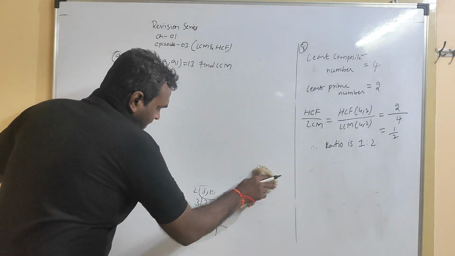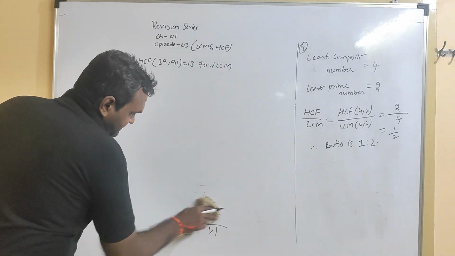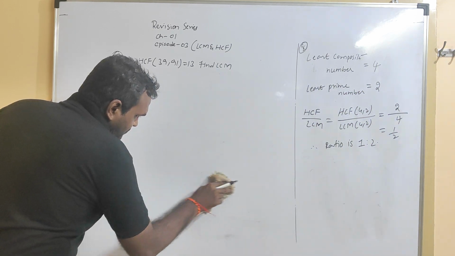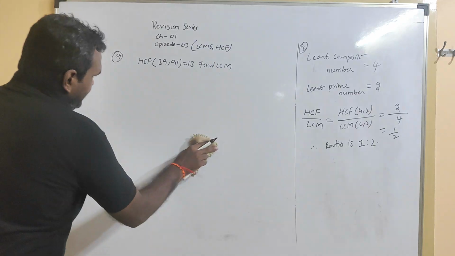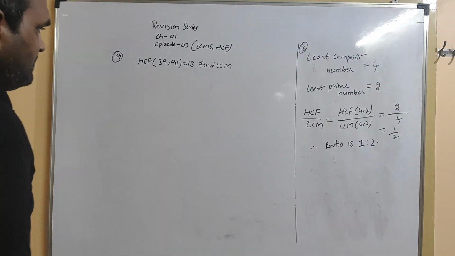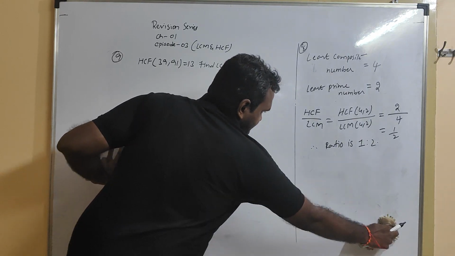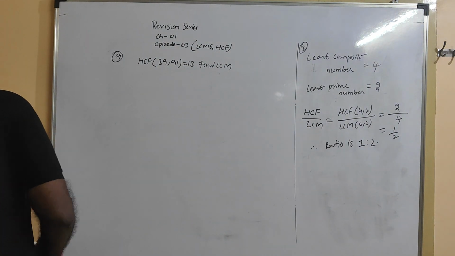HCF and LCM of two numbers. See, the product of two numbers is equal to the HCF of those two numbers multiplied with the LCM of those two numbers. That formula you have to learn. That means what you will get?